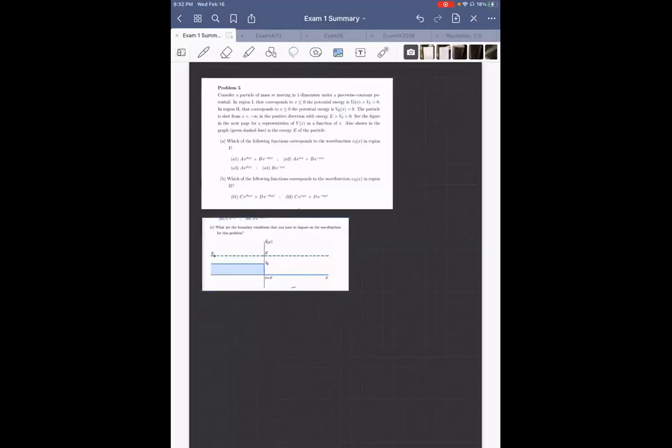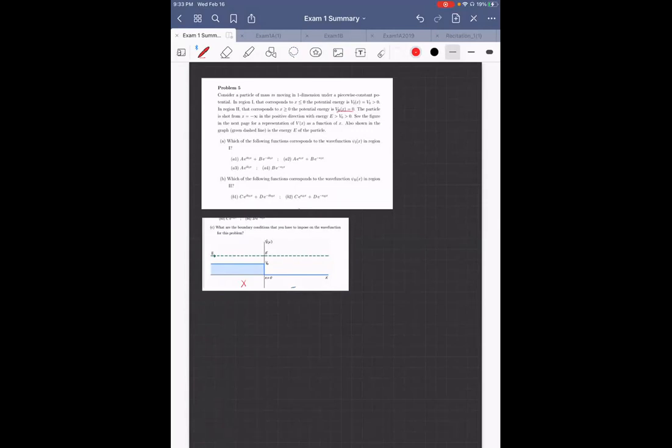Consider a particle of mass m moving in one dimension under a piecewise potential. In the region that corresponds to x less than 0, the potential V of x is equal to V of 0, which is greater than 0. It describes this region here. And in region 2, which corresponds to x greater than 0, the potential is equal to 0.